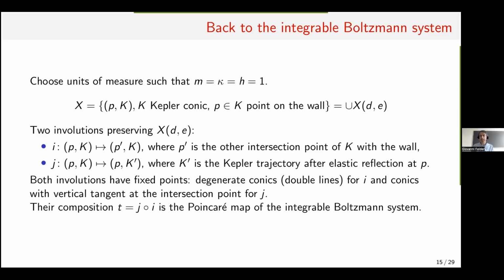Generically, if you intersect a conic with a line, you will have two intersection points, so this is the map which maps one intersection point to the other. And the second involution will map (P, K) to (P, K'). It will take the same point, but it will take the other trajectory, which is the one that you get after elastic reflection at P. So the condition will be that there is this reflection condition between the tangent to one conic and the tangent to the conic K'.